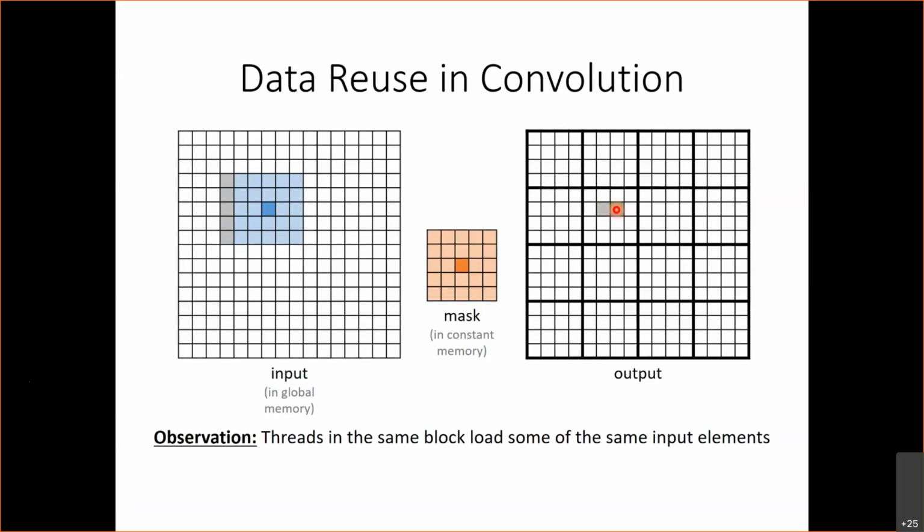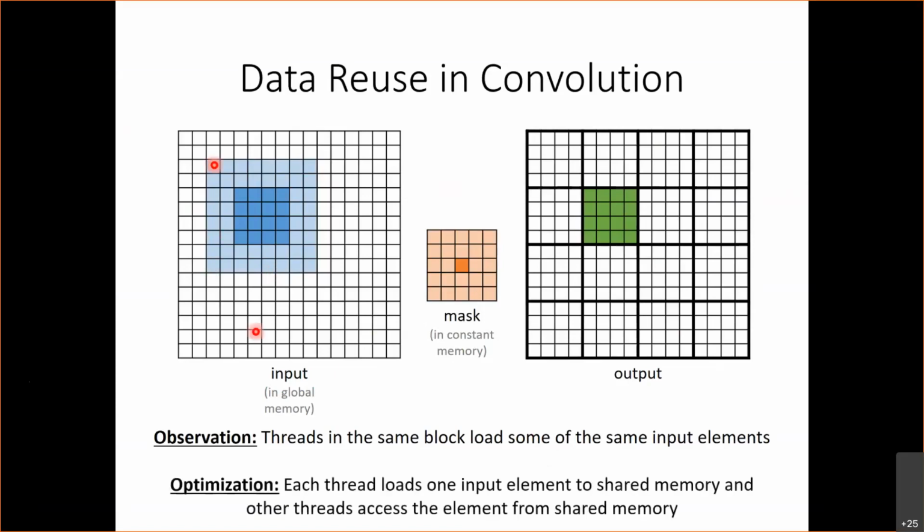Exactly. So as an optimization, if you look at the amount of data that all the threads in the same thread block use, it's all this data over here. This output tile uses this input tile. So an optimization we could do is have each thread load one element of the input into shared memory so that the other threads can access it.